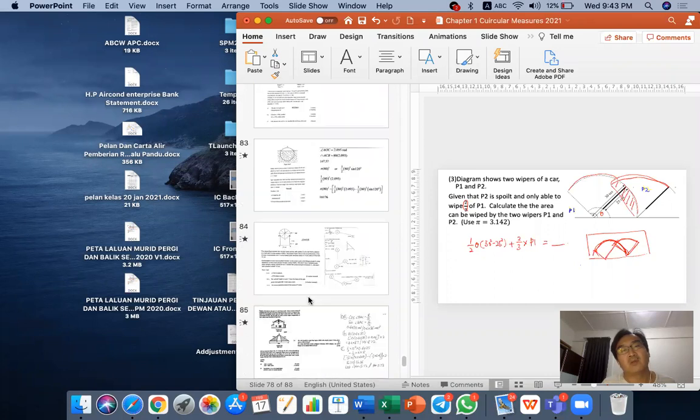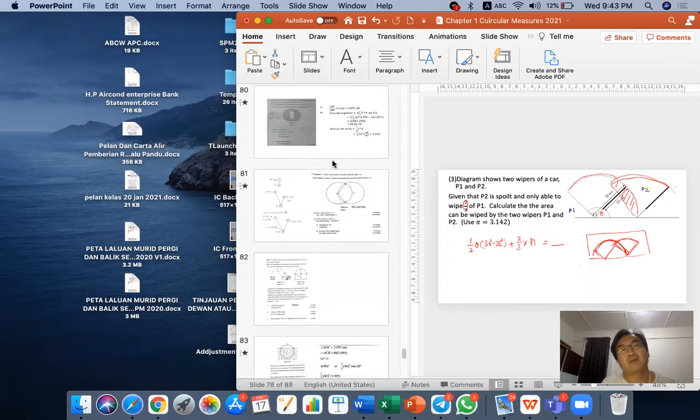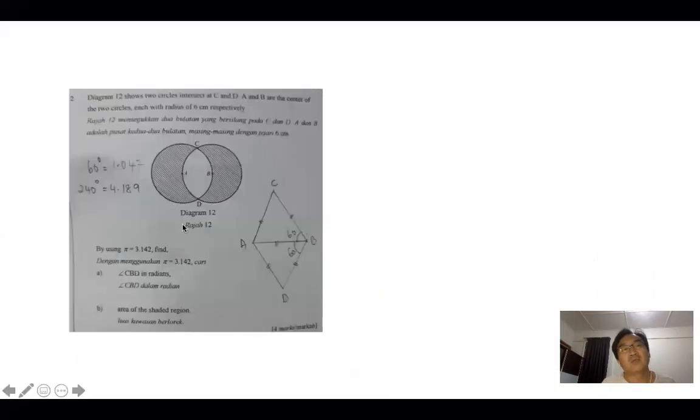Actually, there's a lot here. If you want to do, I can give you to do. Like this question, find the angle CBD. You need to draw out the diagram like this. So here this is an equilateral triangle, because when you draw like this, this one is actually the radius.